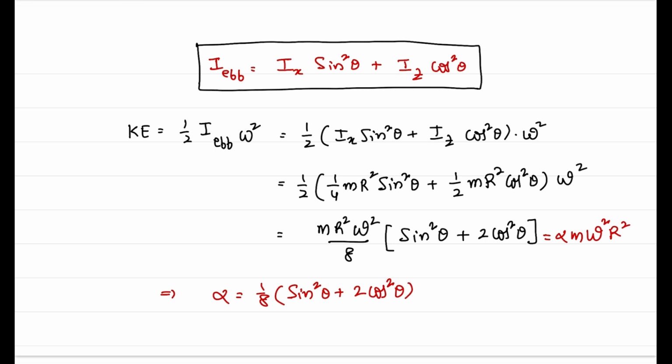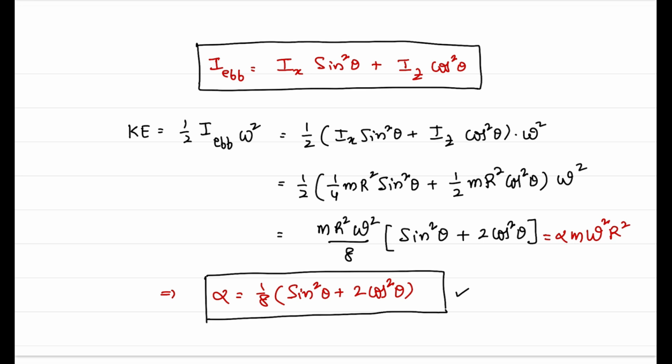This is the answer for the question given, a direct question asked at a national level examination, and it is a very important derivation. Don't forget it. If you want, you can see my video again.